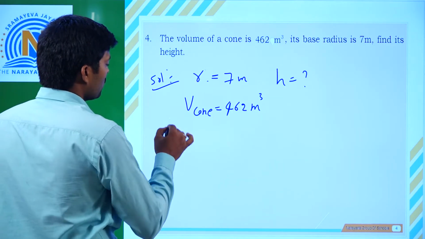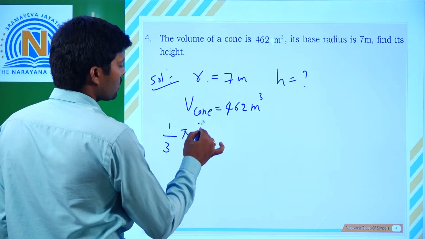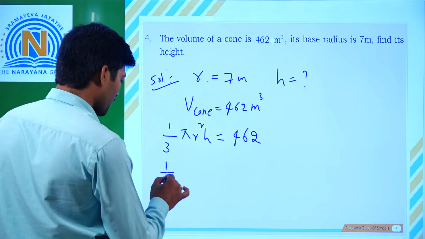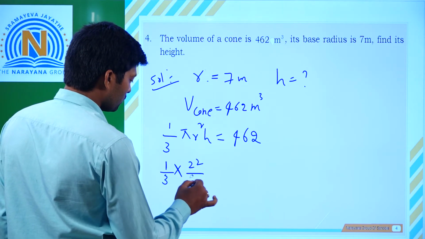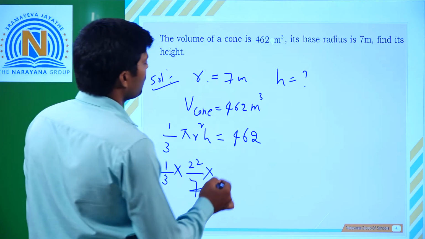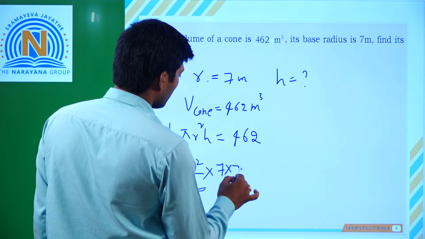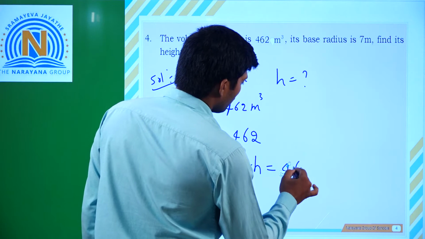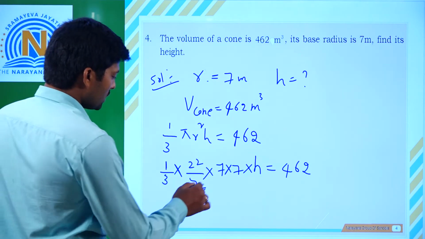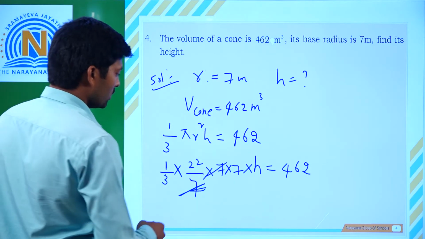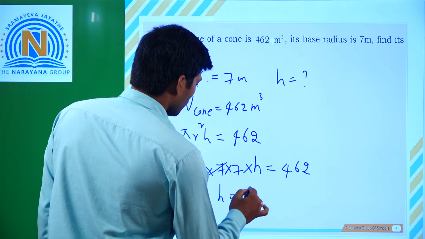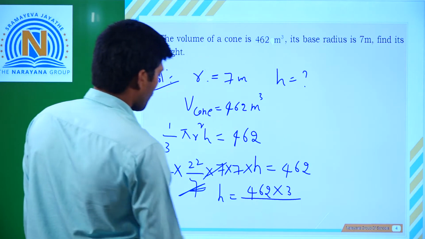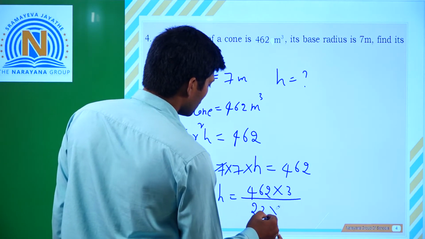Just to replace, the volume of a cone is 1 by 3 pi r square h is equal to 462 meter cube. So 1 by 3, where pi is 22 by 7. So where r is nothing but what? R is 7 meters, that is 7 square. So h we don't know, write it as is equal to 462. So from this here 7 will get cancelled. Just to find, h is equal to 462 into 3 upon 22 into 7.